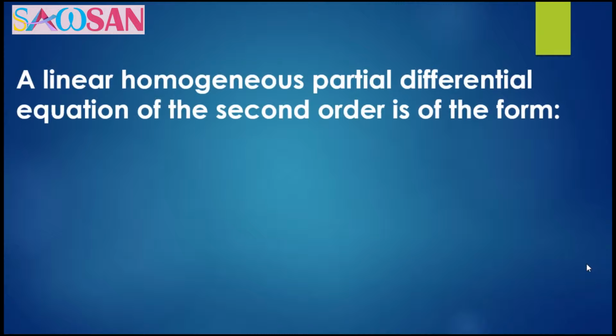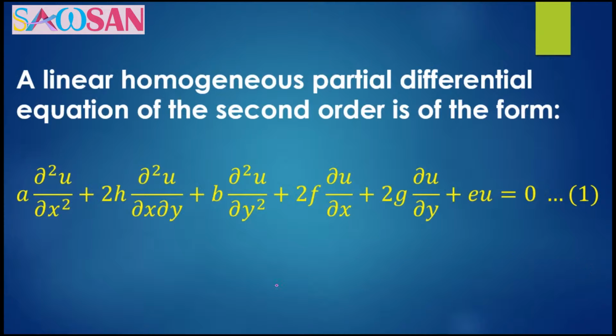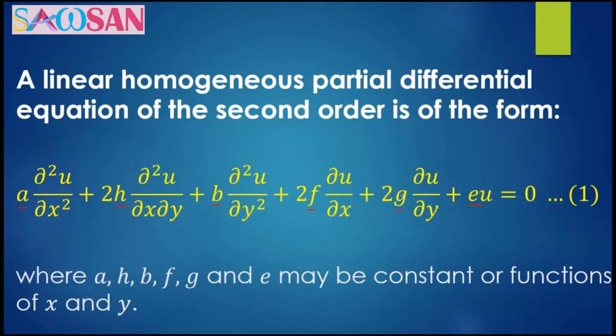A linear homogeneous partial differential equation of the second order is of the form a ∂²u/∂x² + 2h ∂²u/∂x∂y + b ∂²u/∂y² + 2f ∂u/∂x + 2g ∂u/∂y + e u = 0, where a, h, b, f, g, and e may be constants or functions of x and y.